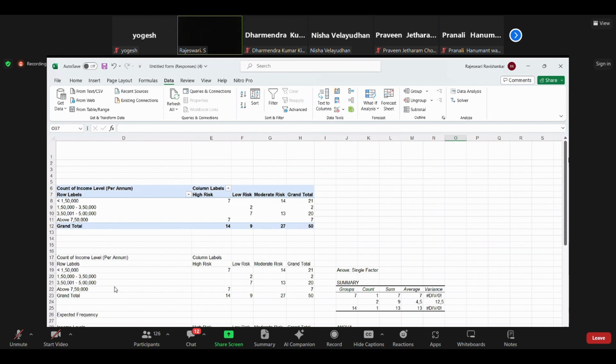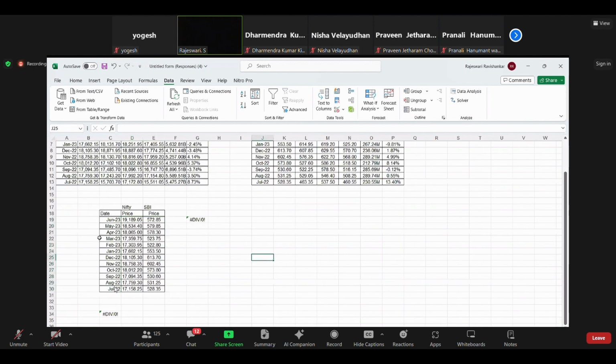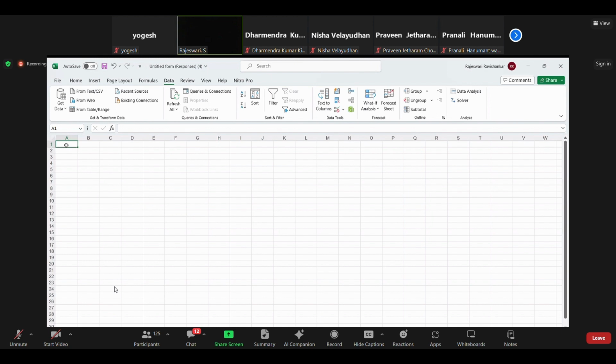Now, let's do descriptive statistics. I'll take secondary data for doing the descriptives. For doing descriptive statistics, again I'll go to data analysis.